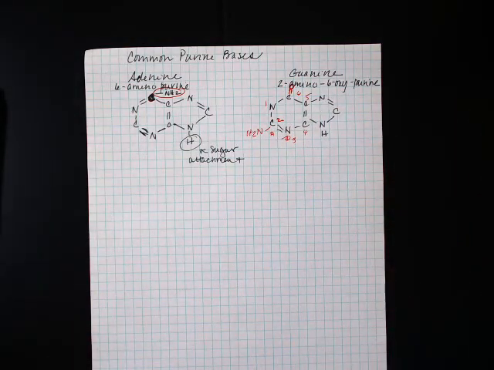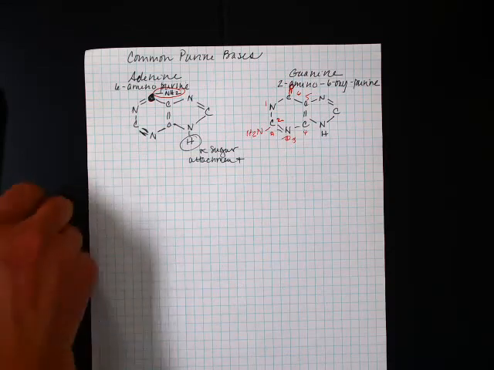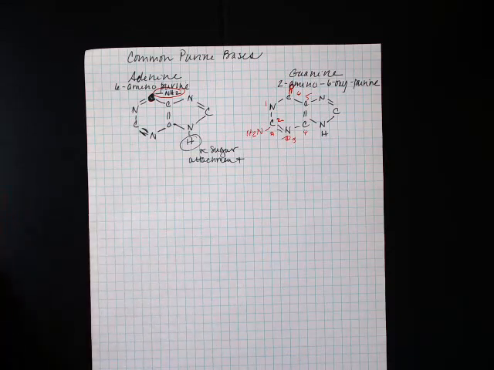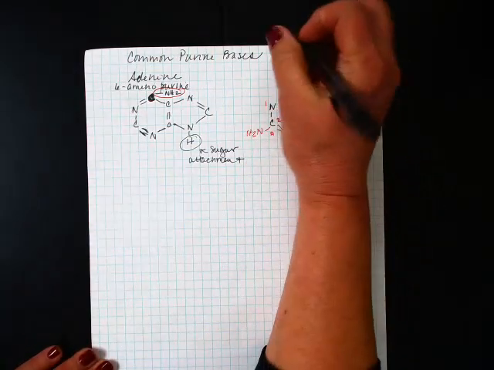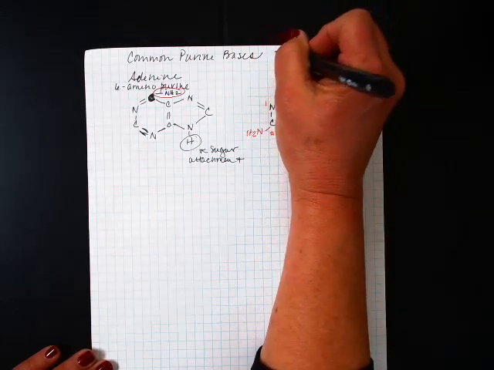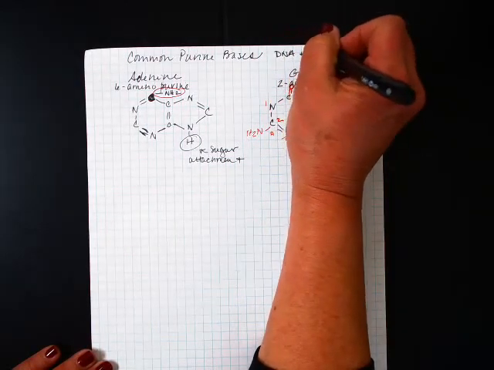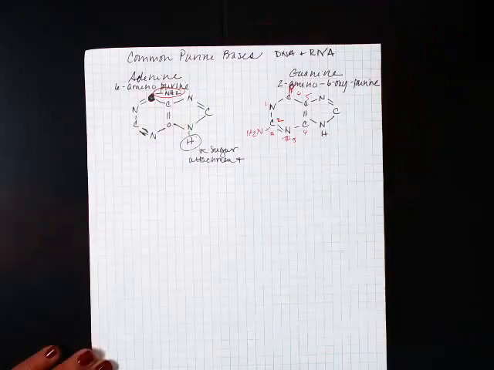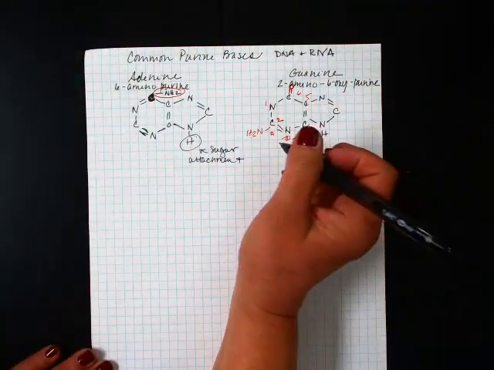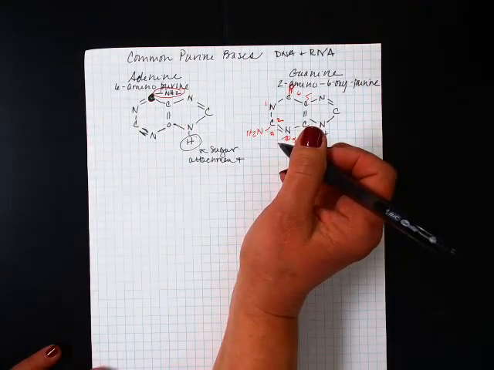Now for the 2 forms of ribose that we'll find in RNA and DNA, and actually both of these are present in DNA and RNA. These both occur or are found in the furanose form.